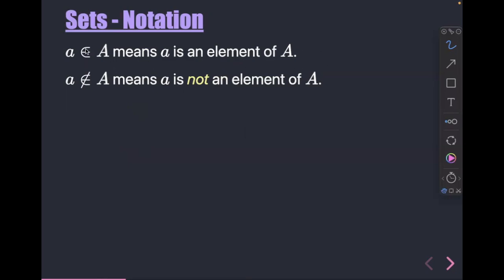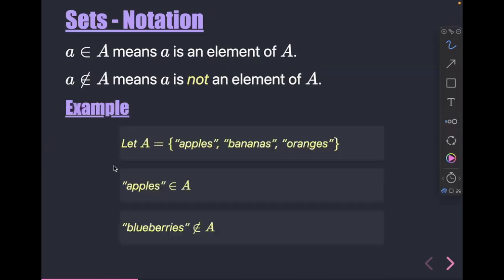So if little a is in A, this means a is an element of A. Similarly, if I wanted to say something's not in A, I could say little a is not an element of A. For an example, if my set A was apples, bananas, and oranges, then apples is in A, because apples is an element of A. But blueberries is not an element of A, because blueberries is not one of the things listed in my set A.